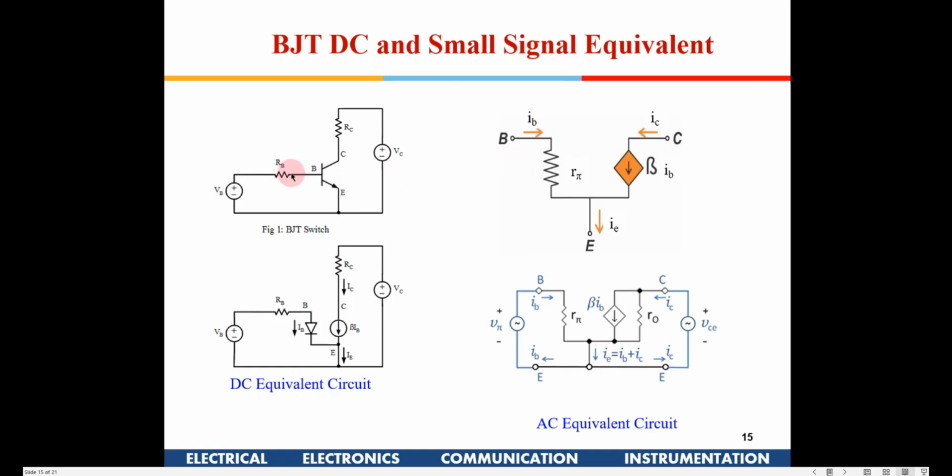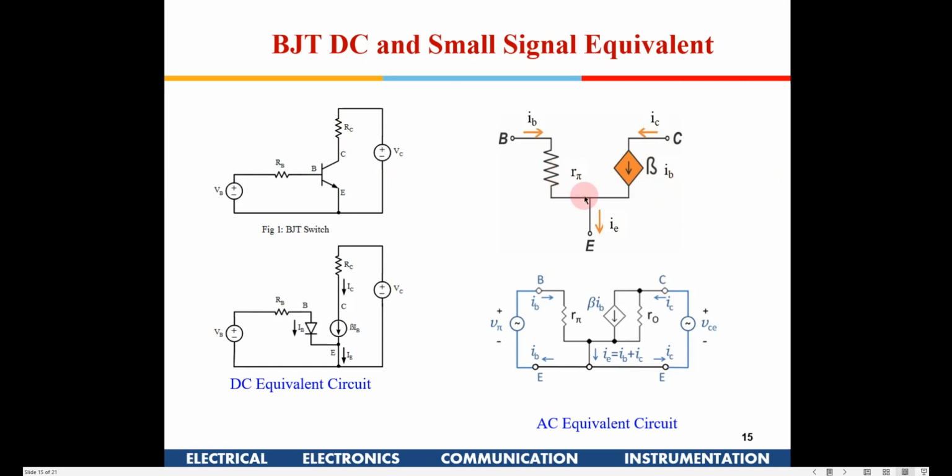Now we are talking about what happens when a small AC signal of a few millivolts is applied here. How will IB vary? This is the differential IB. The differential voltage which is applied here, the small AC signal, will be encountered by a resistance known as R pi, and beta times IB, the variation of the base current, will be flowing through the collector.